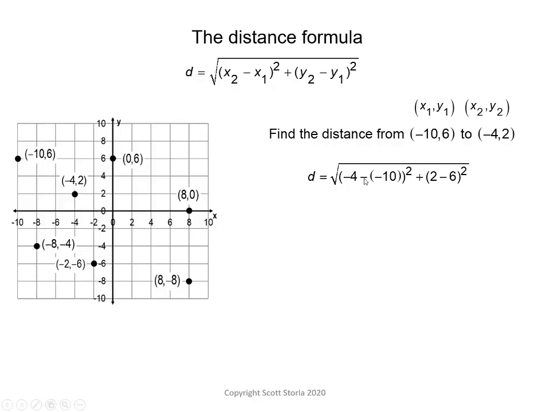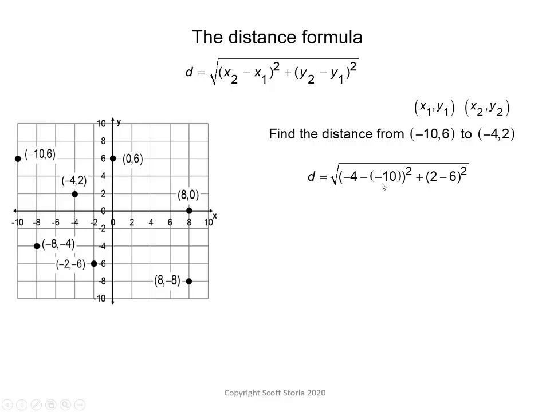And then I'm going to subtract x1. And my x1 is negative 10, so I fill that in. Plus y2 is 2, so that goes here, see? And then y1, well, that's 6. So that goes here.